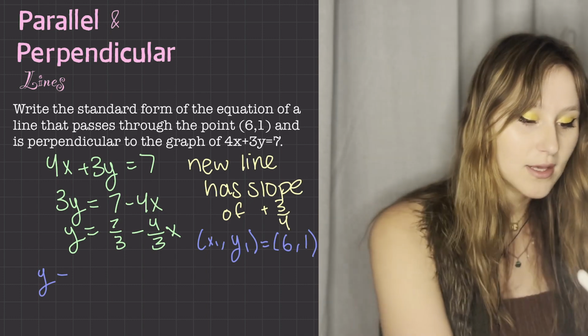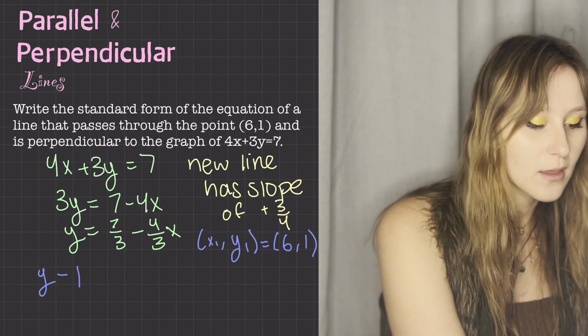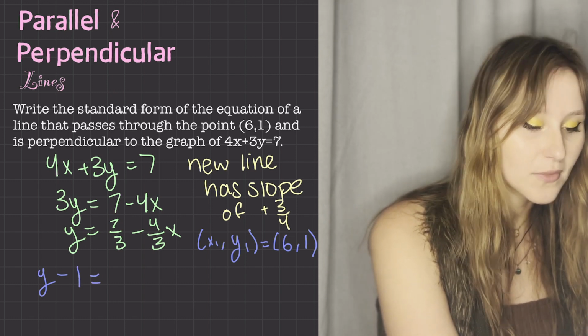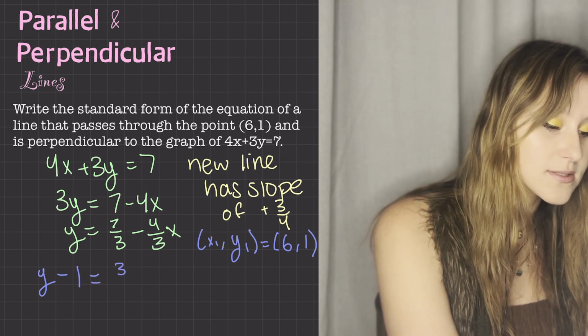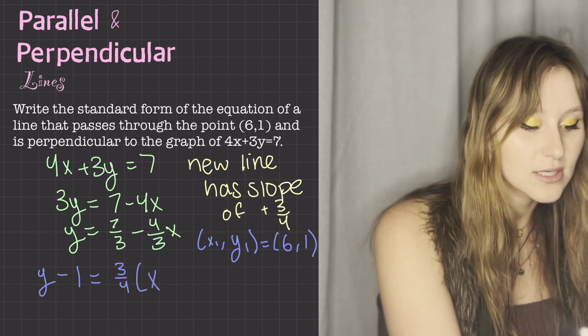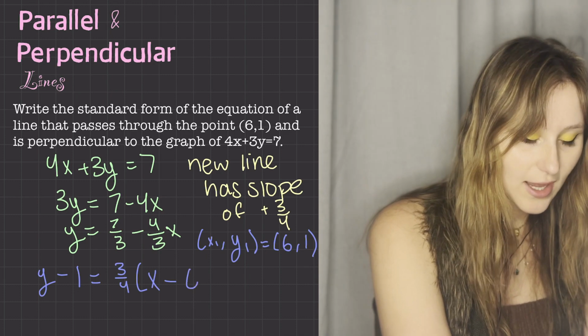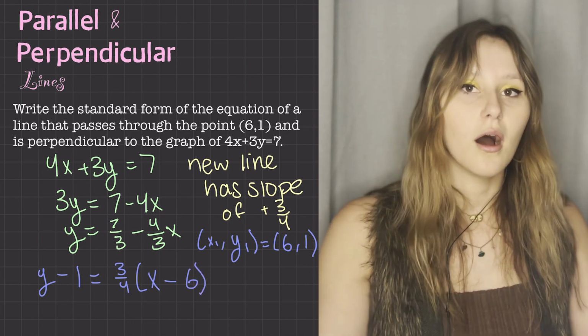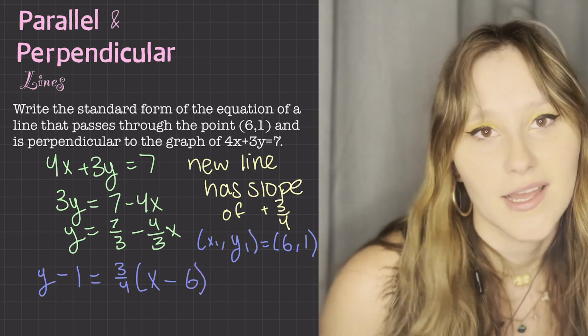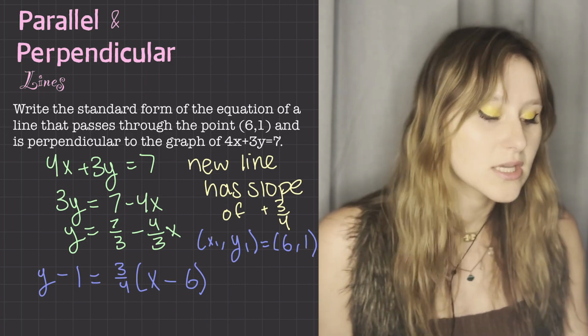So y minus y1, which is 1, equals m, which is 3/4, times x minus 6, which is x1. All right, so that is our line. We found the line. Hardest part done.